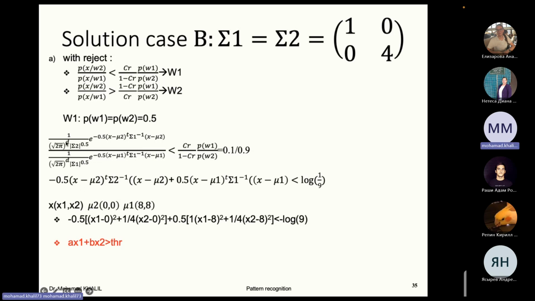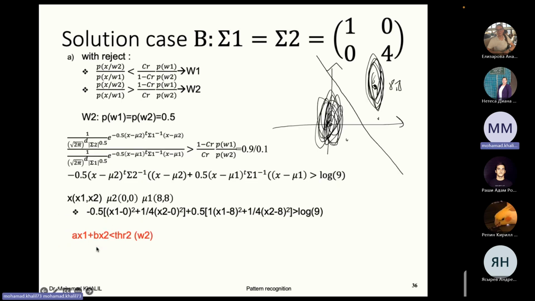So here you have minus 0.5 (x minus mu2) transpose sigma 2 inverse (x minus mu2) plus 0.5. Look here, because here is the same, we can simplify. Less than log 9. If you put mu2 as 8, 8, you will have something like that: a x1 plus b x2 greater than a threshold. Okay, x1 and x2, because here you have x1 square, here you have x1 square, here is minus, here plus, so you will not have x1 square, but you will have another line.